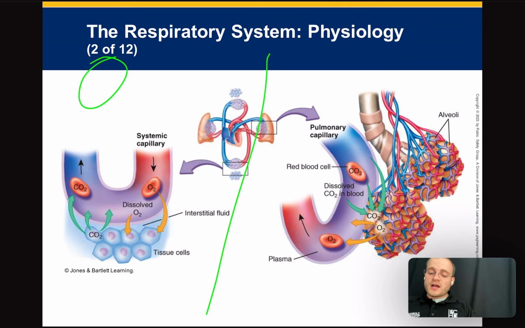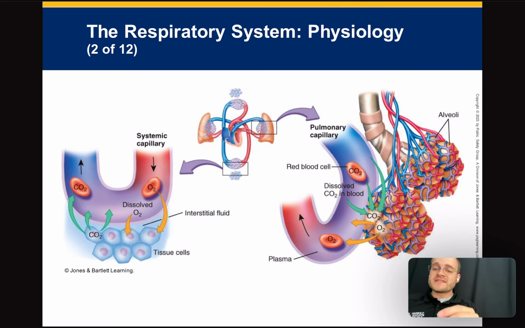This half. So what happens is the cells do their job, and as a cell does its job, it releases CO2. And CO2 will build up in a relatively higher concentration around that cell compared to oxygen. So the capillaries, these things, will end up bringing dissolved oxygen.